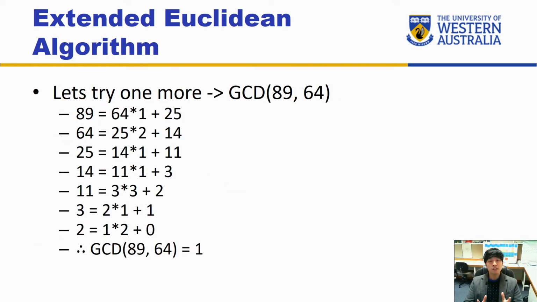Here's another example, GCD of 89 and 64. If you apply the Euclidean algorithm, these are the steps that you follow to calculate this. Eventually, you will have to reverse this. So here, you will convert this into 1 equals 3 minus 2 times 1. You will convert this into 2 equals 11 minus 3 times 3, and so forth.